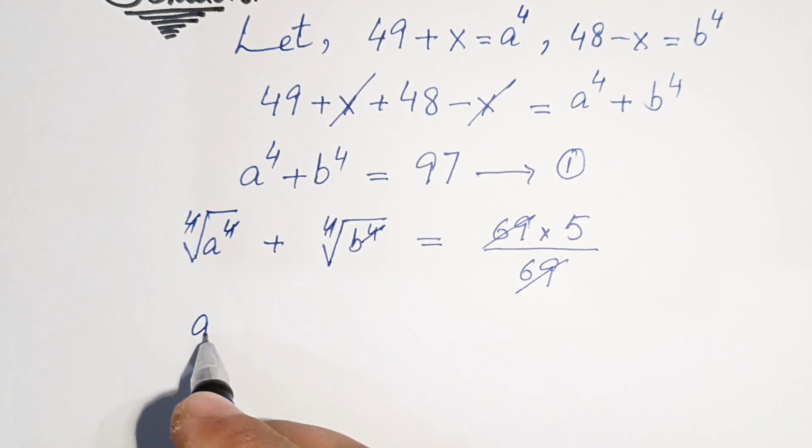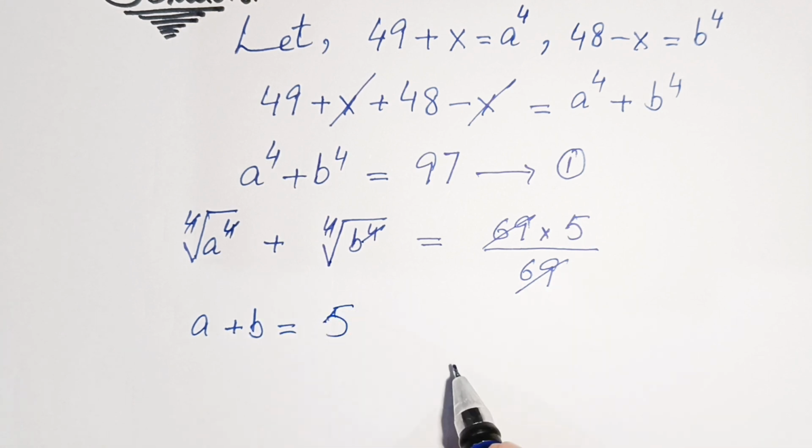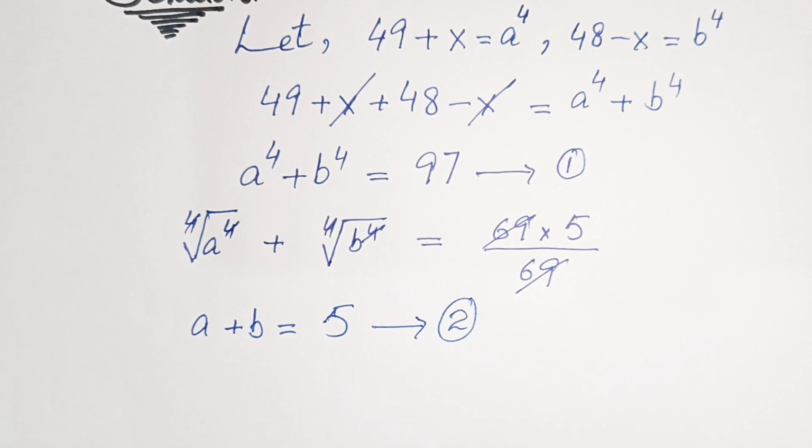So we have a plus b is equal to 5. We get a nice equation. Let's say it is our equation number 2.